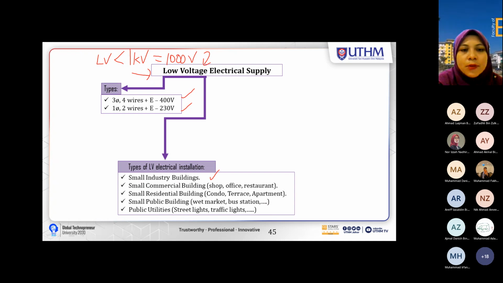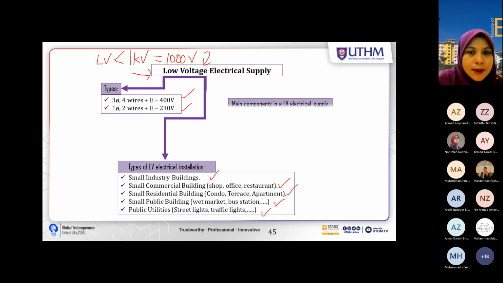Then we have small commercial buildings, shops, offices, restaurants, all of which use LV. Then small residential buildings, condominiums, terraces, apartments, all use LV. And small public buildings, wet markets, bus stations, public utilities, street lights, traffic lights, mosques, suraus, all of them use LV electrical supply.